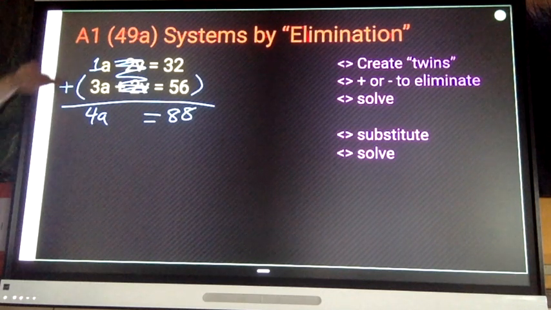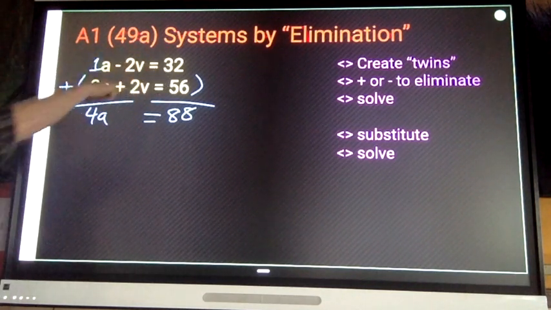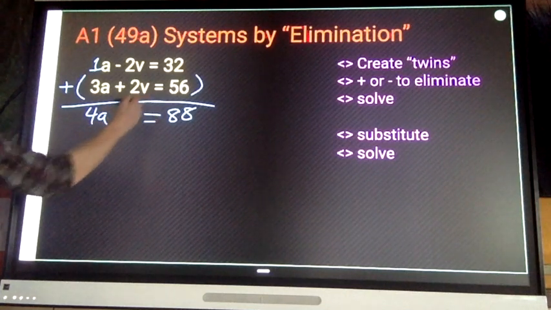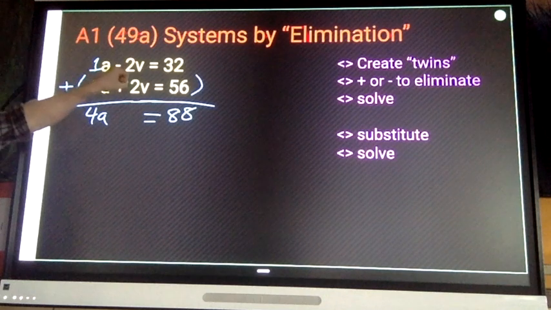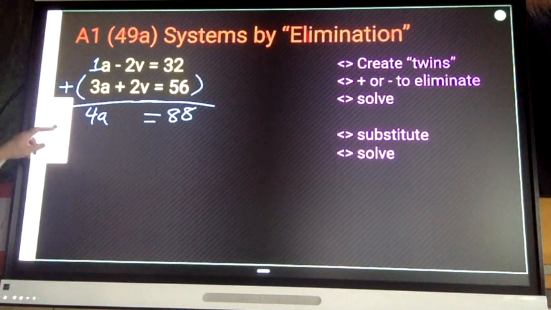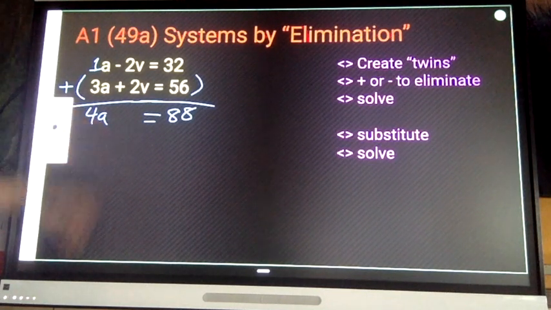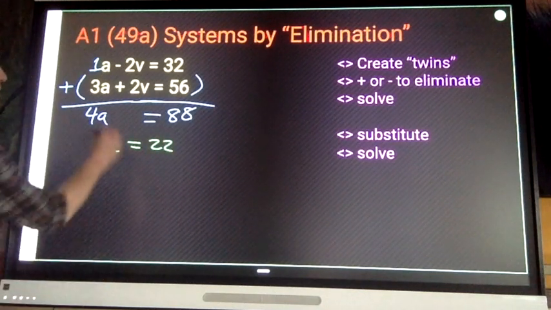Once again, all I'm doing is adding the top equation to the bottom equation, and the reason I'm adding is because I have a negative 2v and a positive 2v, which, when added together, equal 0, so I can get rid of my v terms. From there, you already know what to do. Divide both sides by 4. We got a equals 22.